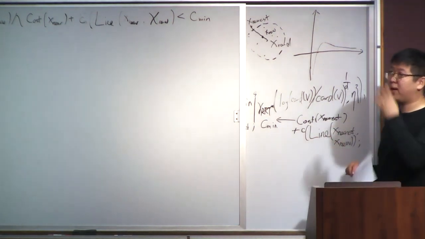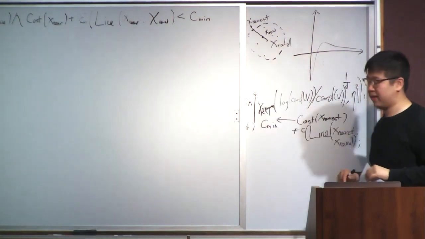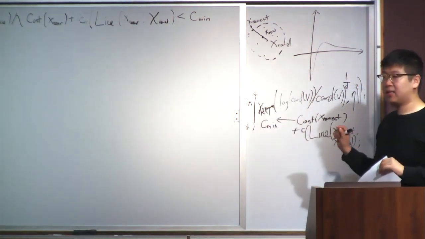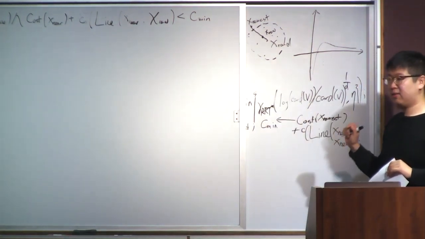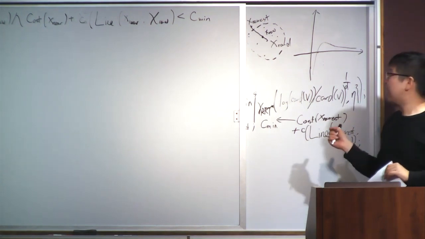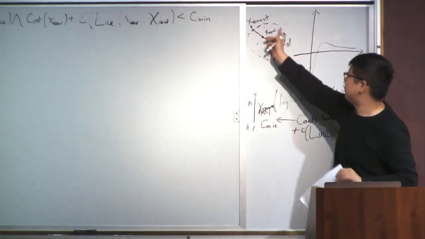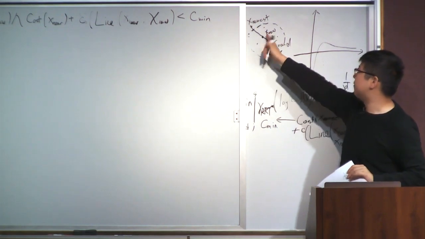So why x near can be better than x nearest? Because x nearest is the nearest neighbor of x rand, and here x near is within the circle of x new.